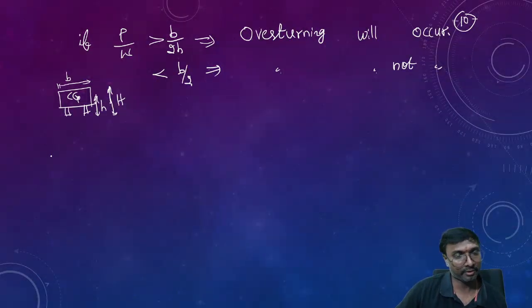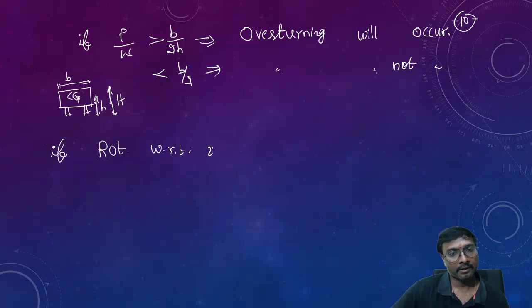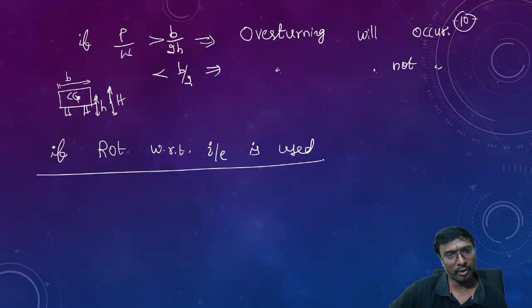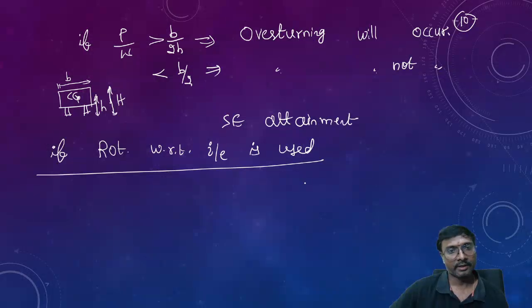Now, suppose you are going for this last condition, if rotation with respect to this inner edge is used, then in the super elevation attainment process, inner edge or outer edge, what can you say?